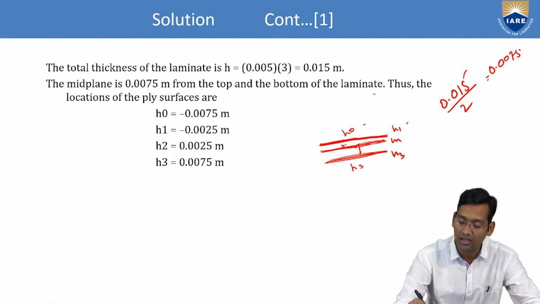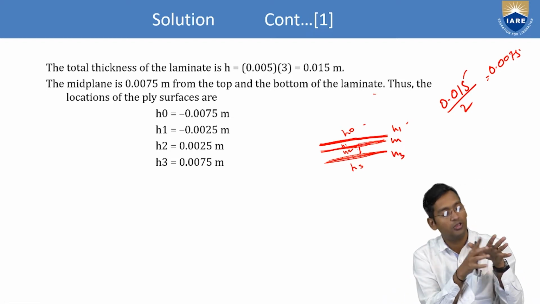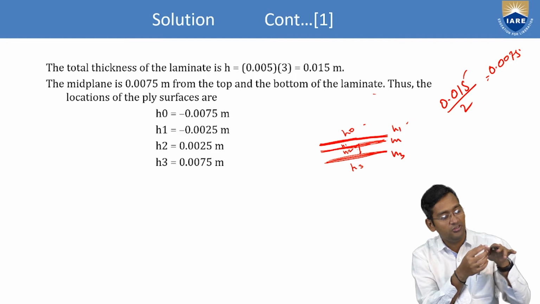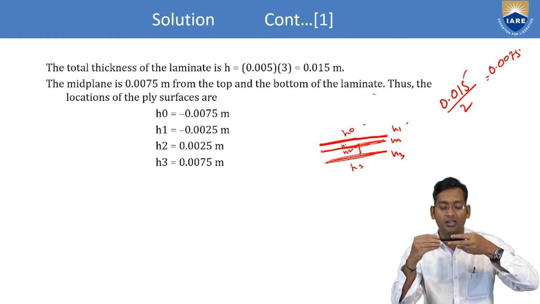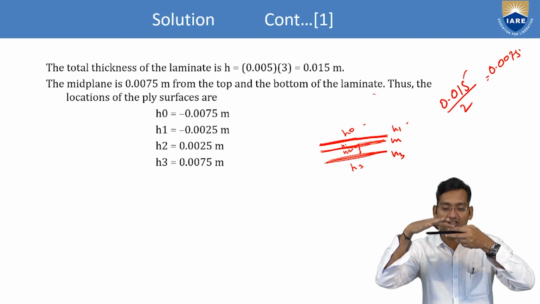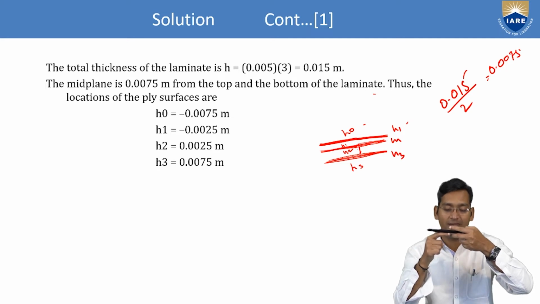Above this one is H1, and this is H2 below this surface, when they are in contact. Like this two are there. Here, these three layers are there, and these three layers are there. So the first layer is H0. Then the layer above this one is H1, just below the pen is H2, and then this one is H3.